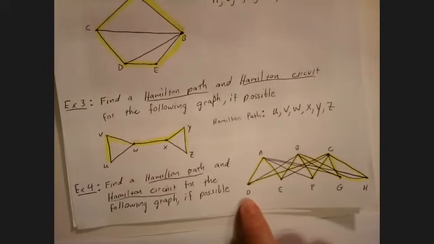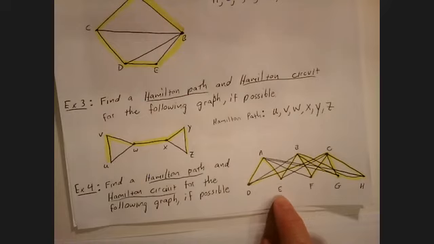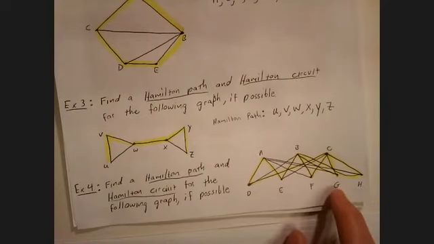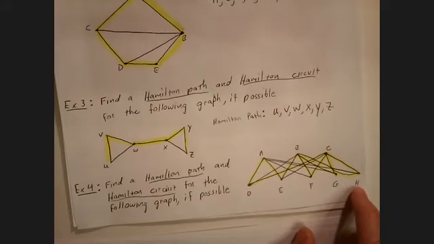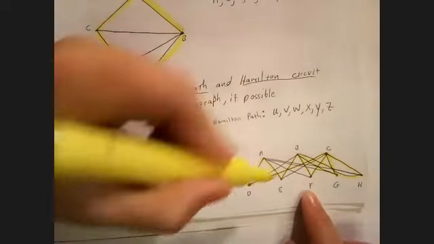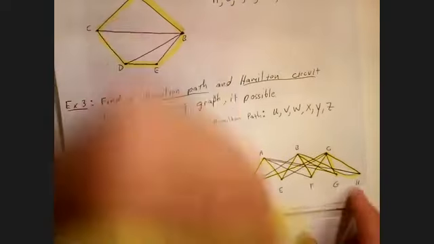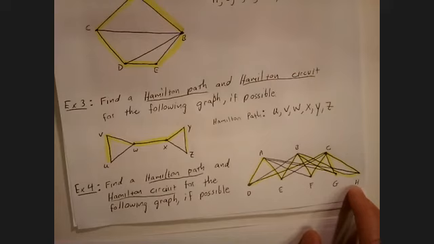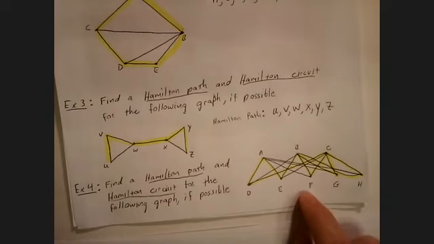I can't go to D. I can't go to E. I could go to G or H. If I go to F, I'm stuck. I guess I could go to H, but look, if I go to H, I'm stuck. I don't want to do that. If I go to G, I'm stuck. I'm kind of stuck regardless.